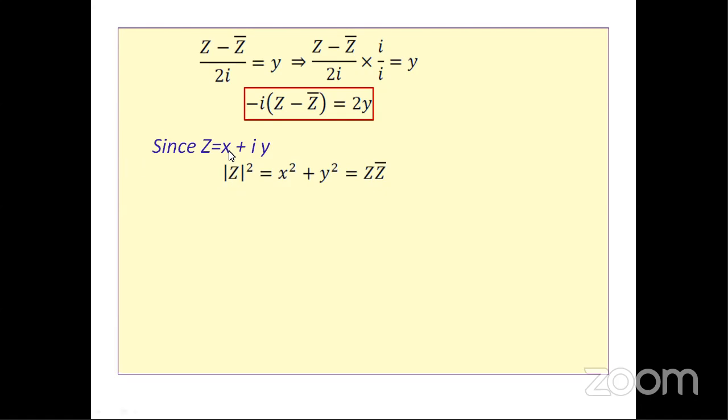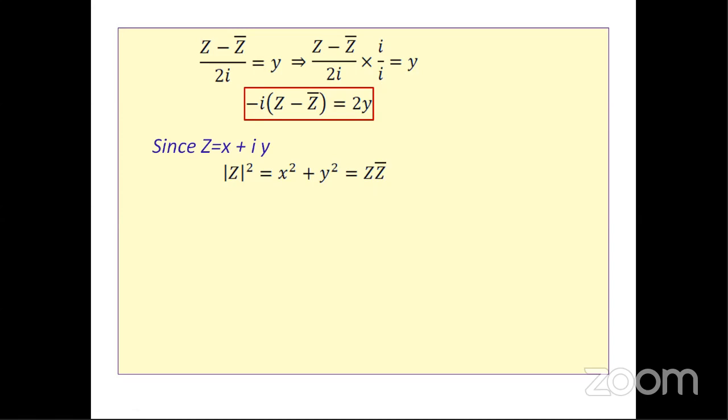Root of x square plus y square. And for that root, you are taking square. So you can clearly observe that square root is getting cancelled. So mod z whole square is equal to x square plus y square, which can also be taken as z into z bar. Okay. Now, we will substitute all these conditions in equation number 1.